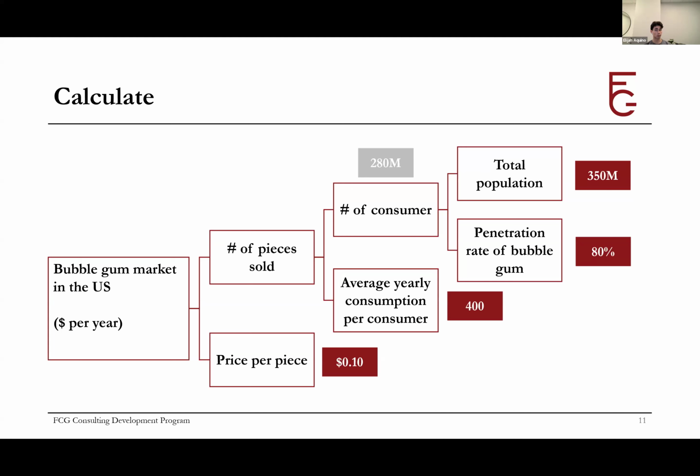Then I have 80 million times 4, that's 320 million. If you add 800 million plus 320 million, that gets you to a market size of 112 billion.